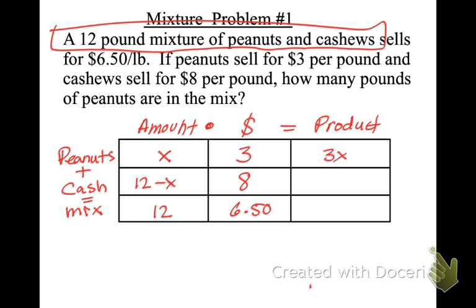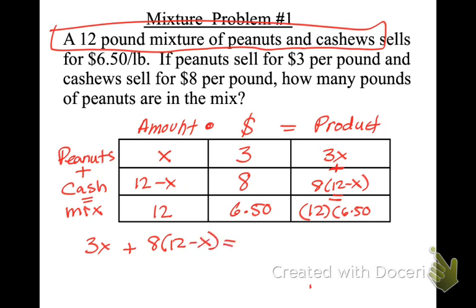So I get 3x plus 8 times 12 minus x equals 12 times 6.50.